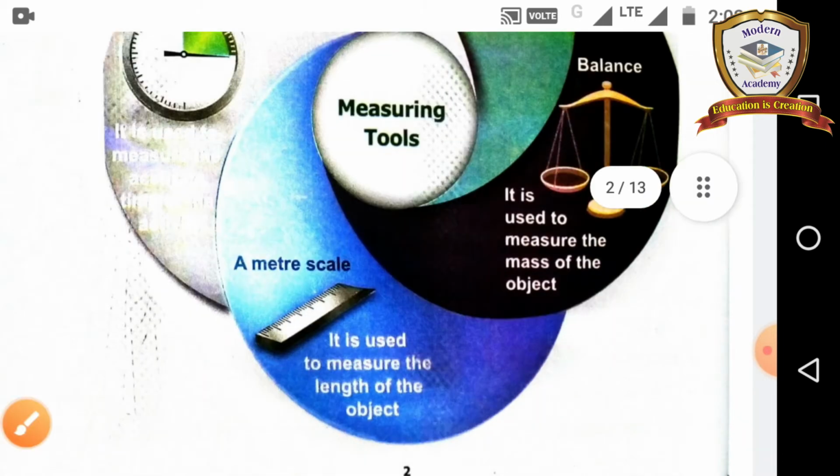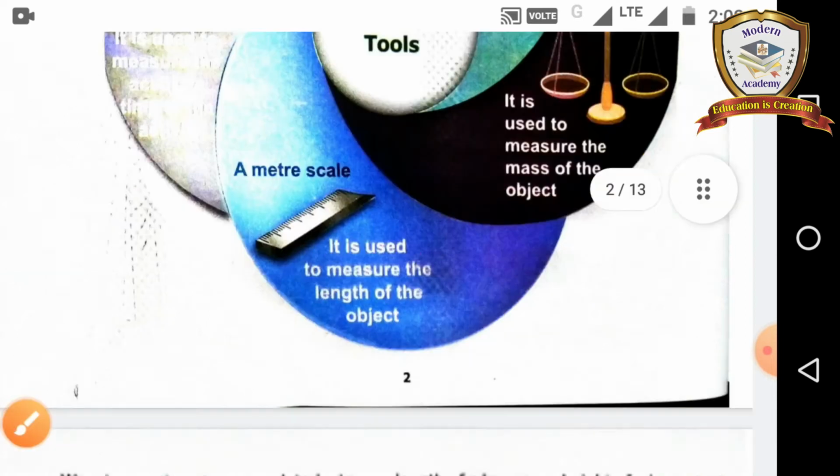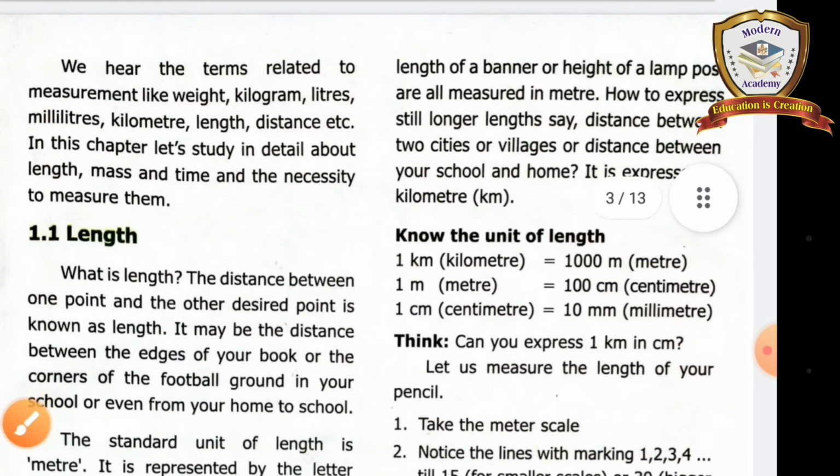The next one, balance. It is used to measure the mass of the object. Then last one, a meter scale. It is used to measure the length of the object. Turn to page number 3.